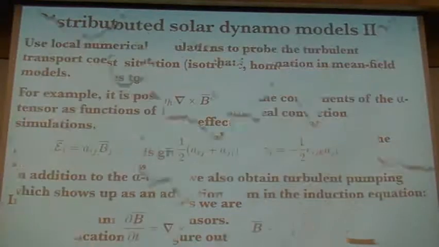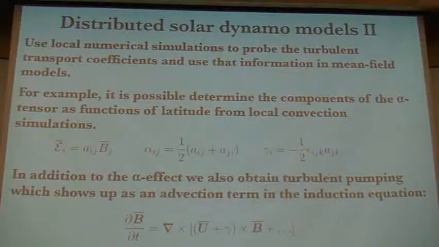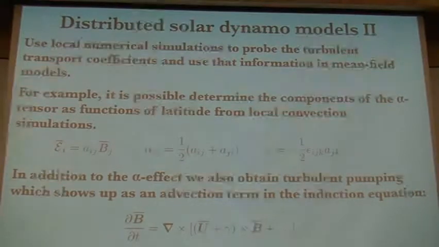So I have a couple of approaches here. Of course, one that I have made myself. One way to determine these coefficients is to compute them from a 3D numerical simulation. Not a full spherical simulation, but something simpler.